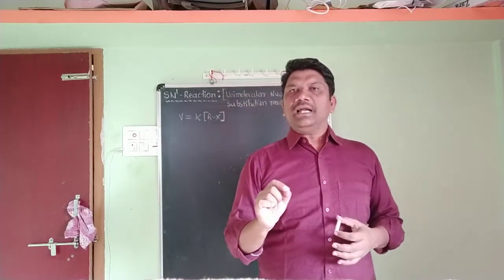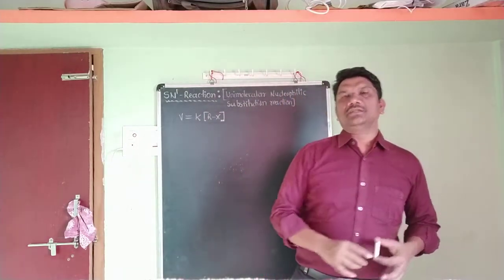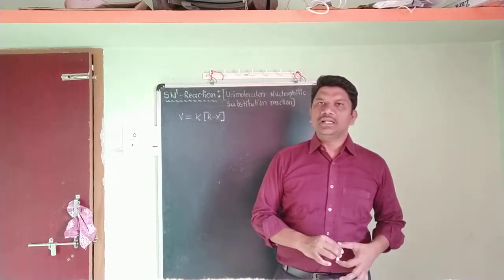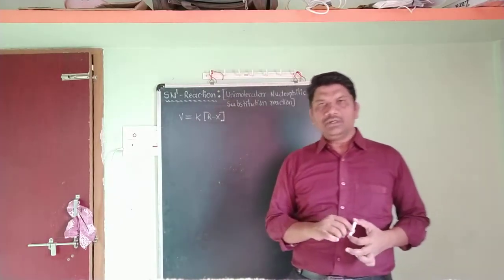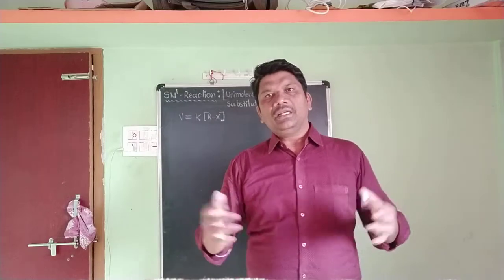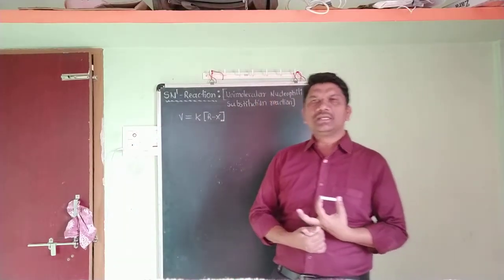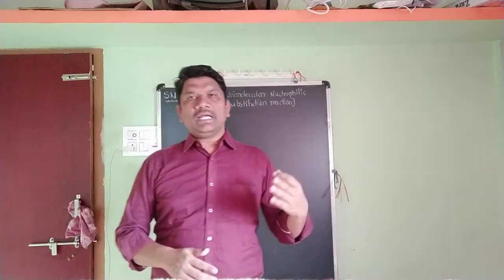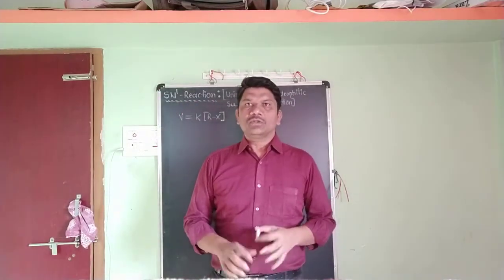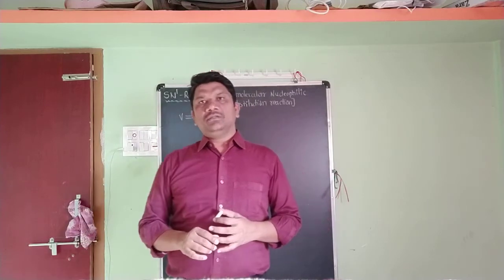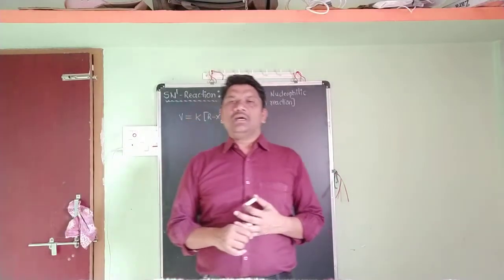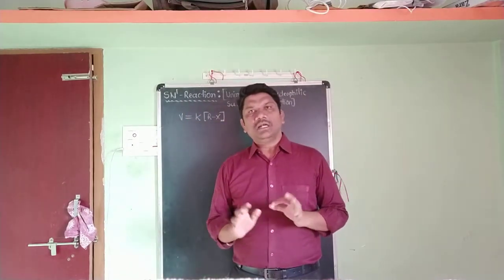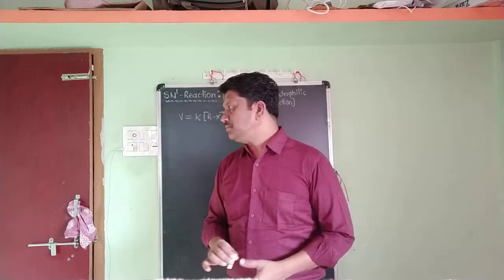Tertiary alkyl halides undergo the SN1 reaction, and later I'll tell you why tertiary alkyl halides undergo SN1 reaction as compared to primary and secondary alkyl halides. So for the SN1 reaction, the best examples are tertiary alkyl halides.